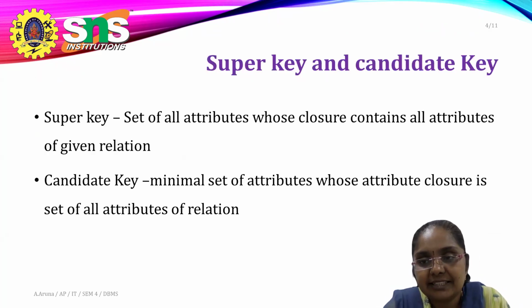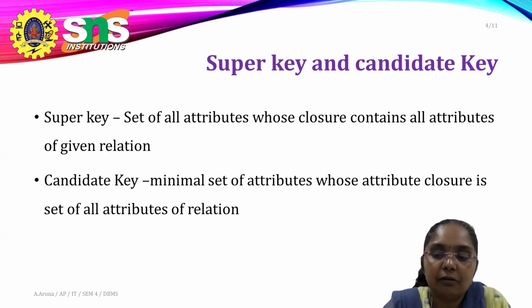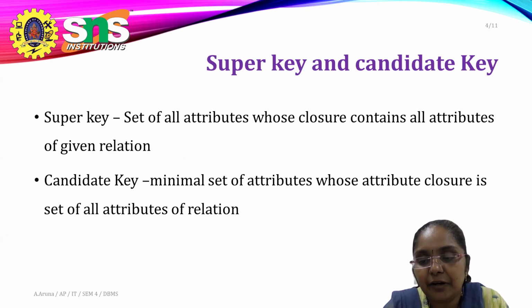Before going to the example, why do we have to calculate the closure set? In a relation, based on the prime attributes and non-prime attributes, we can derive whether something is dependent or not. For that, we need the super key and the candidate key. Super key is the set of all attributes whose closure contains all attributes of the given relation.